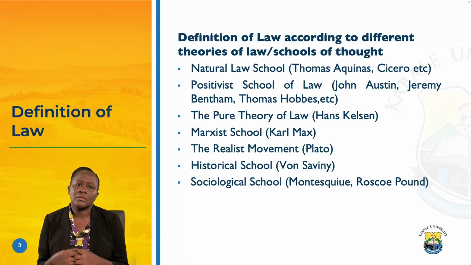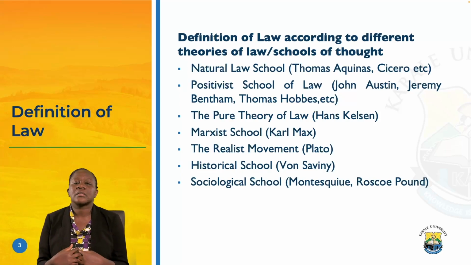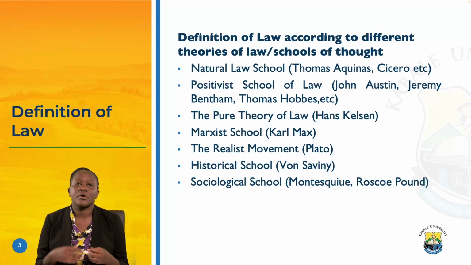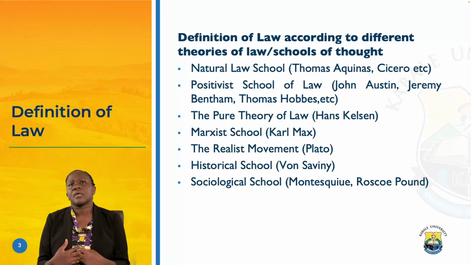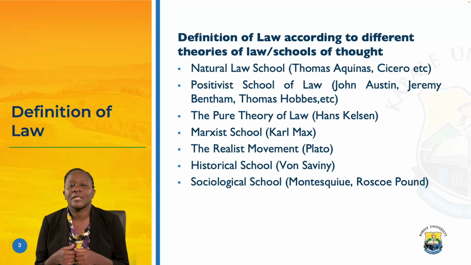They argue that someone knows the right thing or the wrong thing at birth, and that law is God-given, and that when someone is born, they are born with a conscience, and they know and should know the difference between right and wrong. So they argue that law doesn't necessarily have to be written because the law is written within an individual, that an individual should be able to differentiate what is right and what is wrong.